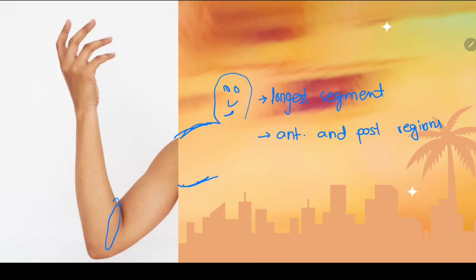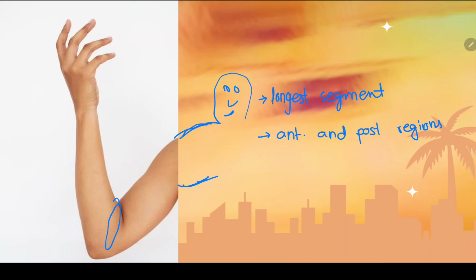This is the elbow and the shoulder is missing, but you can understand it. This is the shoulder, this is the elbow, and the arm connects them, and it has anterior and posterior regions, right?